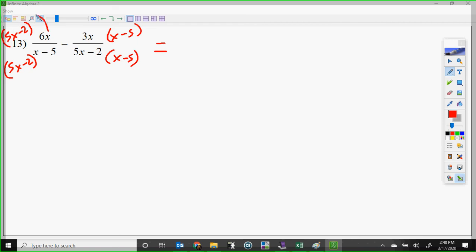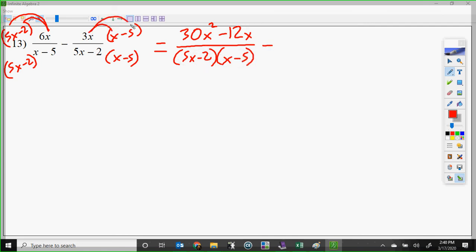Alright, so if I distribute here, 6 times 5 is 30x minus 12x, sorry, 30x squared, because I have a 6x times 5x, 30x squared, over, and I'm going to leave this factored, 5x minus 2, x minus 5, minus, distribute my 3x times x is 3x squared, 3x times negative 5 is negative 15x.